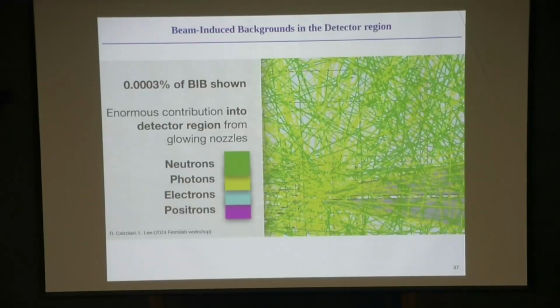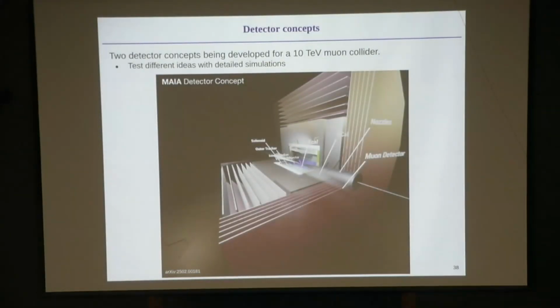Part of our effort is trying to figure out instrumentation that allows us to take these things apart and distinguish what comes from the muon-muon interaction. And to make things worse, what is depicted here is actually 0.0003% of the actual occupancy from this type of background that we need to deal with. So it's an interesting challenge, but a challenge we are ready to meet.